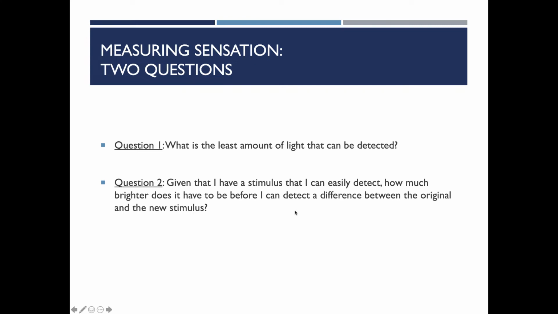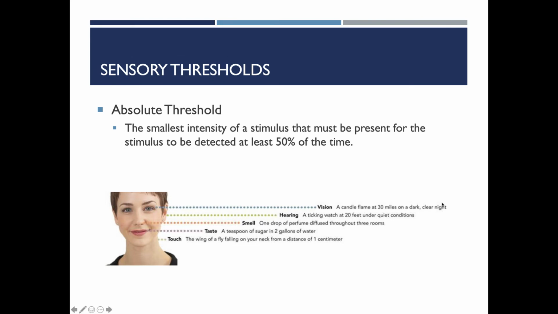So let's look at these two questions a little more closely. This is question 1, now asked in a way that psychologists ask the question. It's a question about your absolute threshold. So for example, for one of your senses to notice something, there has to be enough of that something to detect.